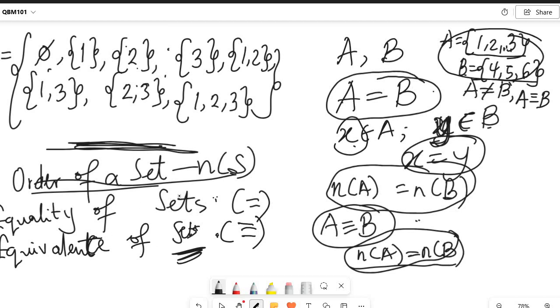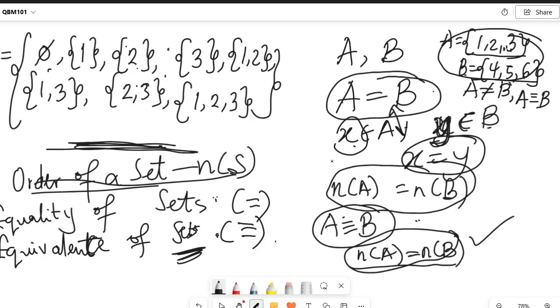It is a secondary definition for equality, but a primary definition for equivalence. Primarily, what defines the equivalence of sets is their cardinality. Primarily, what defines the equality of two sets is the fact that they have the same elements. So: elements for equality, cardinality for equivalence.